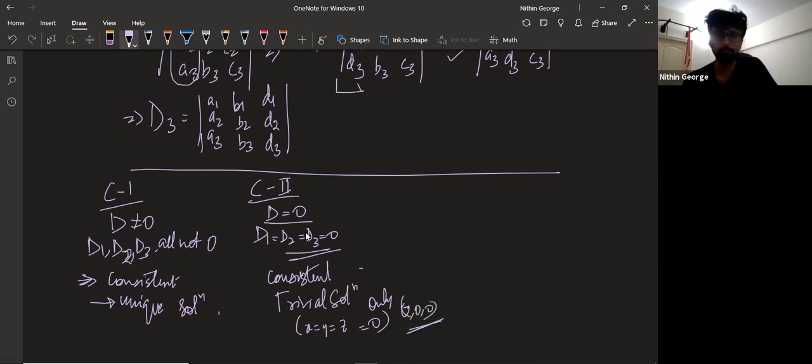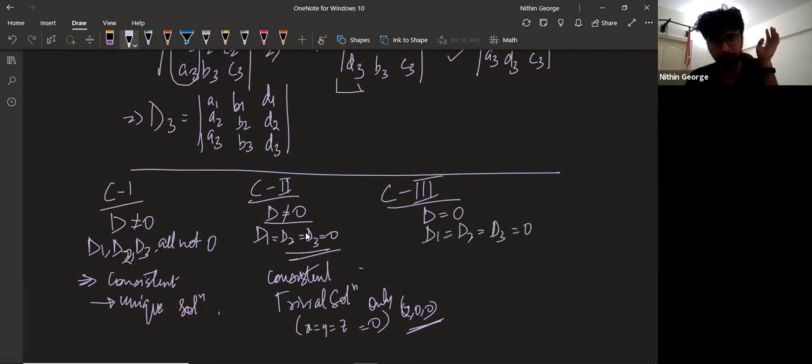Basically, you get a homogeneous equation where, sorry, D not equal to 0. They are not parallel. We'll take that case. That is when it's consistent. Otherwise, it is consistent but will have infinite solutions, like D equal to 0 and D1 equal to D2 equal to D3 equal to 0.